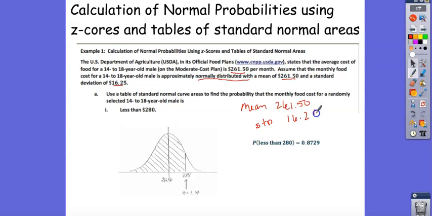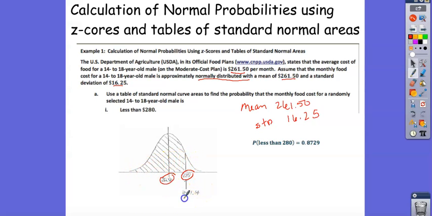Now it says use a table of standard normal curve areas to find the probability that the monthly food cost for a randomly selected 14 to 18-year-old male is less than 280. So here's my mean at 261.50. Here I wanted everything to the left of 280, and the table will give you the probability of anything to the left.